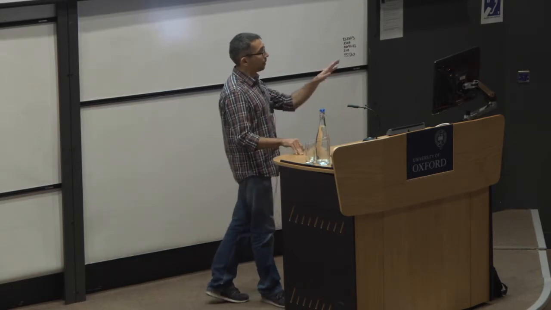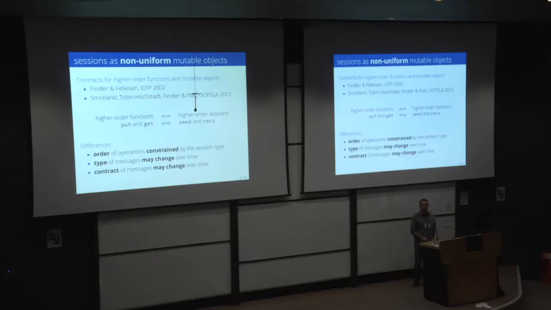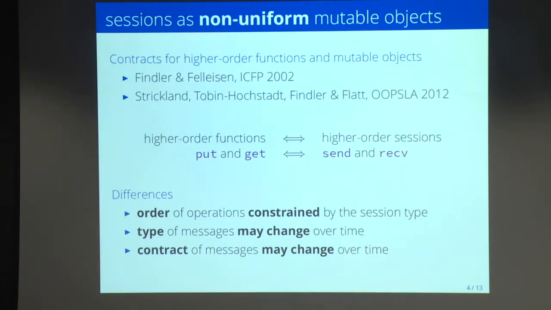So contract systems that are capable of specifying these kinds of properties have been studied for quite a long time. And in fact, these two papers that I've mentioned in this slide have been a major source of inspiration for our work.